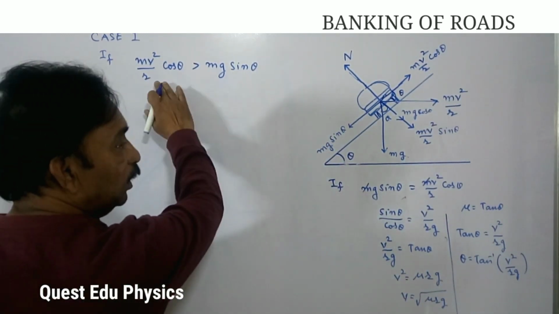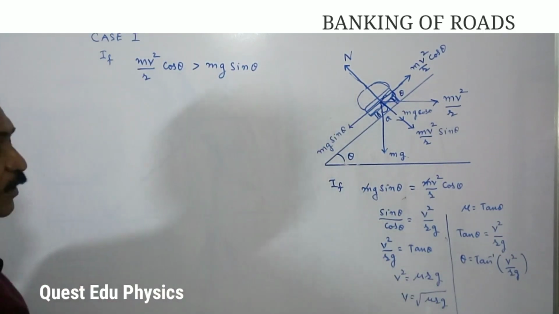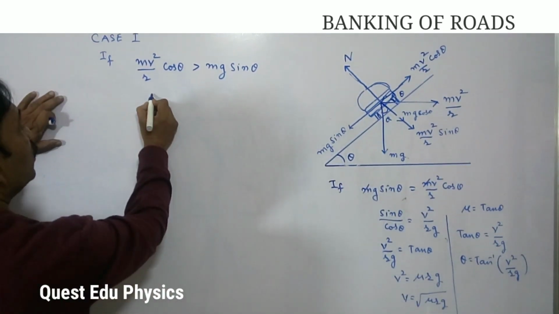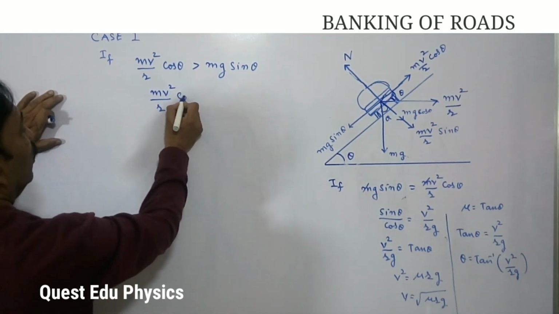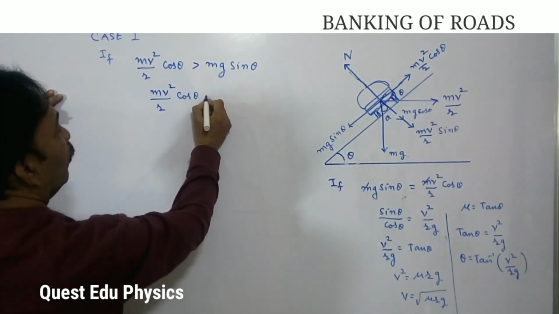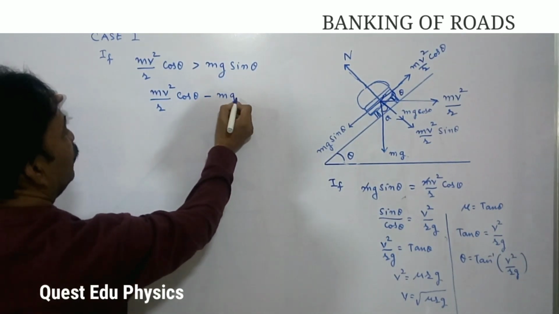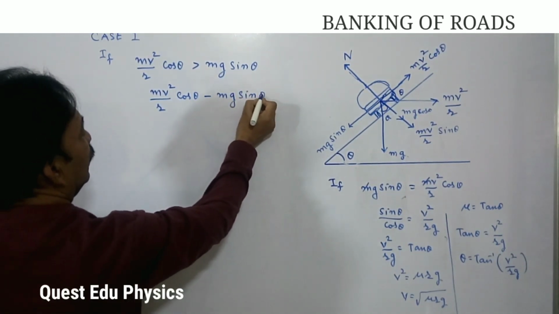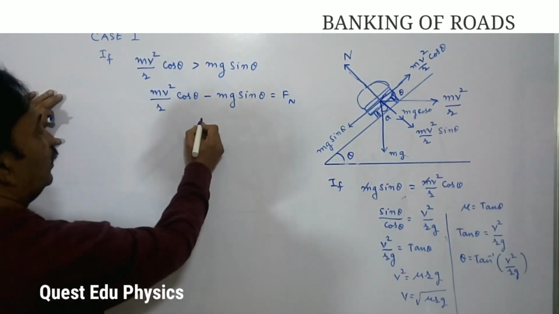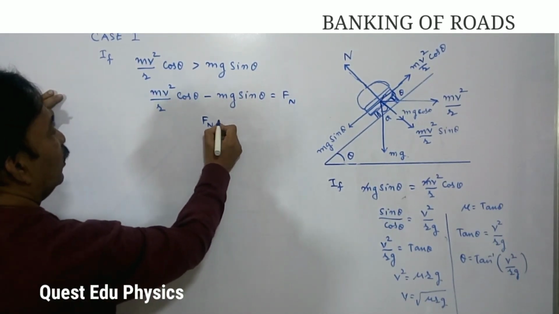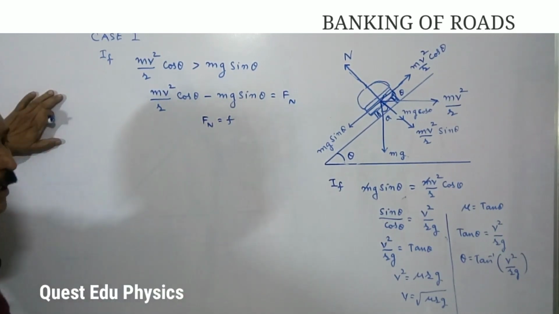These two are the forces, and the difference between them is a net force: mv²/r cos theta minus mg sin theta. This net force provides the friction.